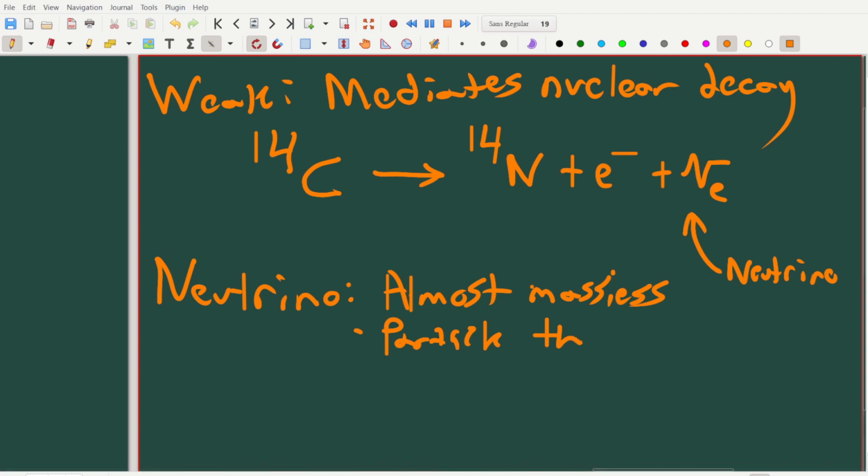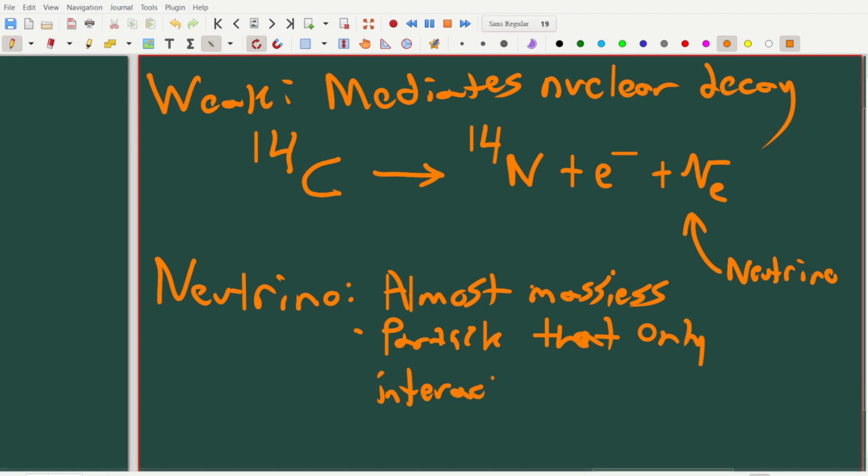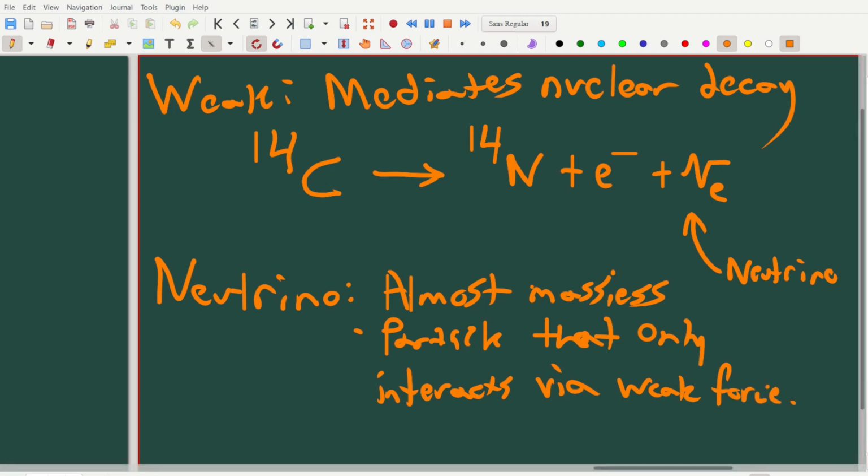It only interacts via the weak force. All right, so the only way that neutrinos can interact with other things is through the weak force, which I said is a very weak force. So detecting neutrinos can be very, very hard because they don't interact with anything.